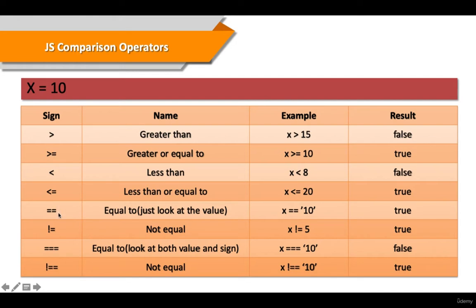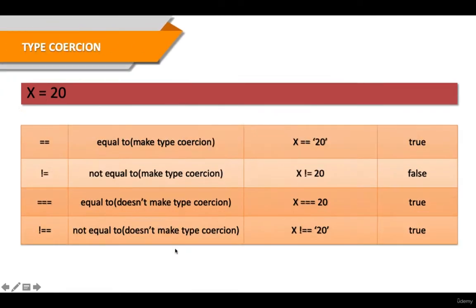Now, a quick question here. What's the difference between triple equals and double equals? The difference is that double equals performs type coercion, while triple equals is strict equals.